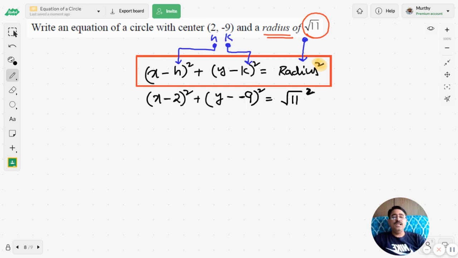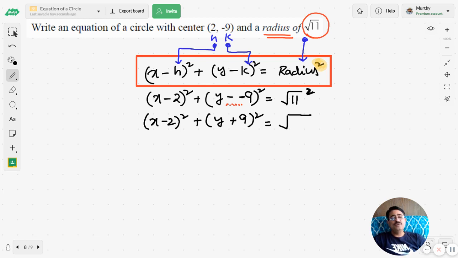Now let's compute if there is anything to be simplified. I see that here negative of negative is given. So the first one, no changes, plus y, negative of negative, it's positive 9 square, equals 11 square. Straight away you can strike out square and square root symbol.